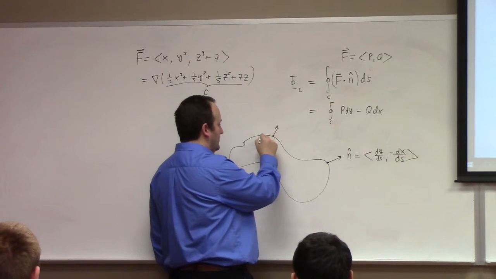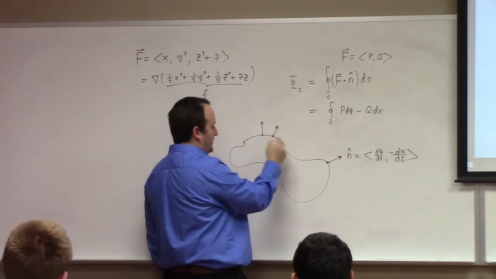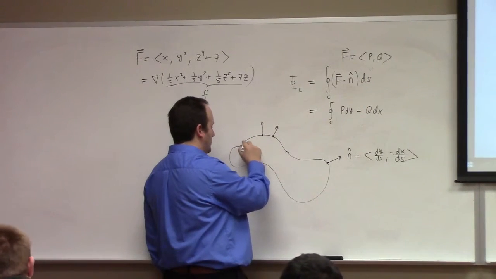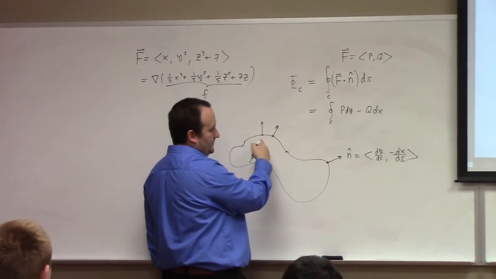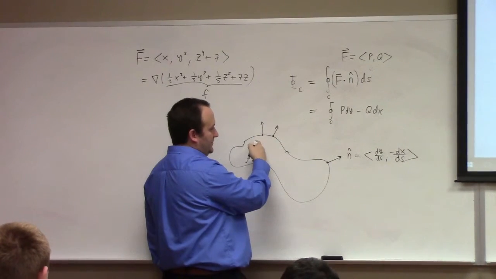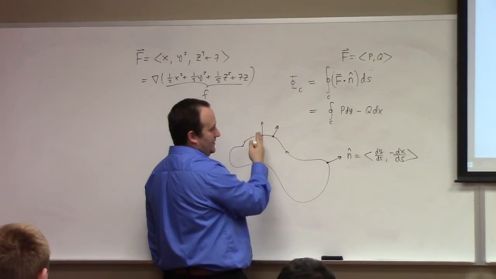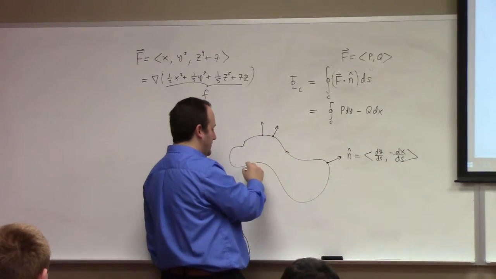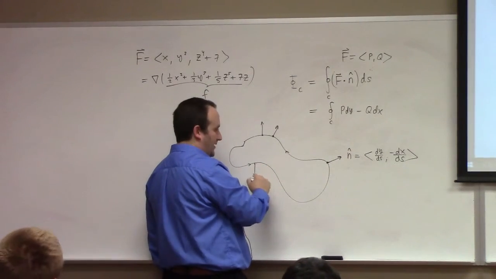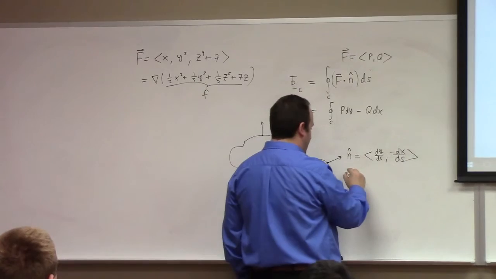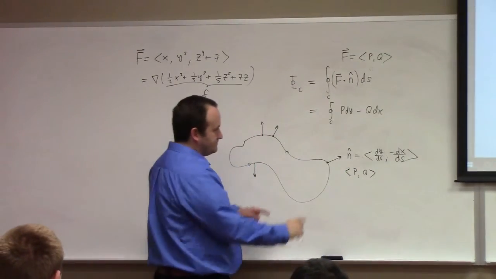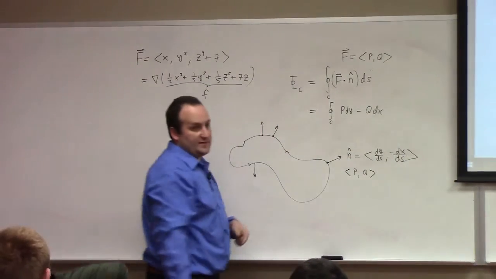If I'm here, the normal should be like that, right? And if the curve is like so, dx/ds is negative, dy/ds is 0, so it's 0 this way or that way, and it's up. Down here, dx/ds is positive, but it should be directly downward. Yeah, okay, that's right. And so if you take this and dot it with P comma Q, you get the formula above, right? The ds's cancel.